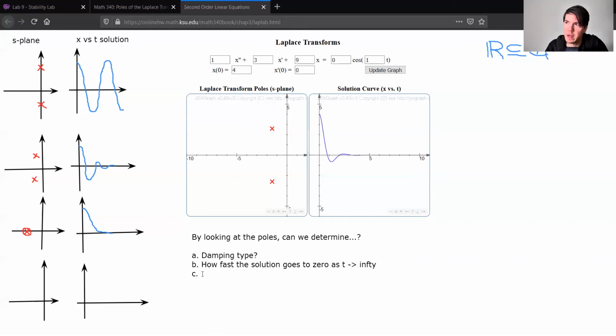Other things you might ask are, looking at the lab instructions, how do the initial values affect the poles/solution? So that would be another thing we might ask.